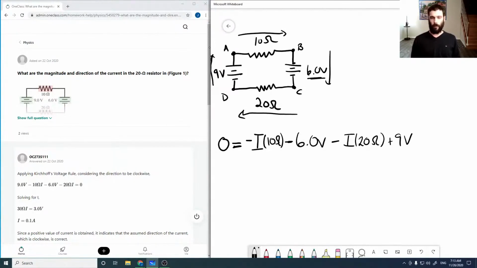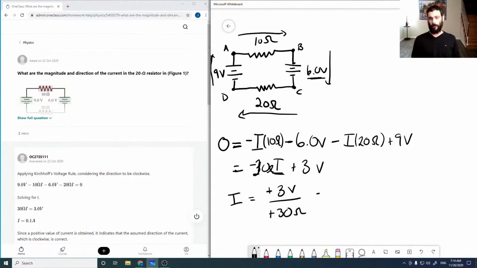Okay, so now we have our equation and we can solve it. We've got 0 is equal to minus 10I. I'm just going to collect things, so I've got a 20 over here, so that actually should have been a minus 30. And then we've got a minus 6 plus a 9, so plus 3 volts. So our current is minus 3 volts over minus 30 ohms.